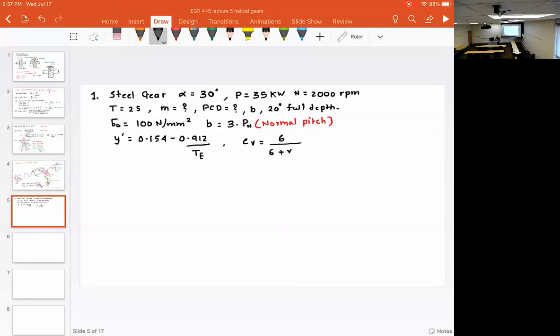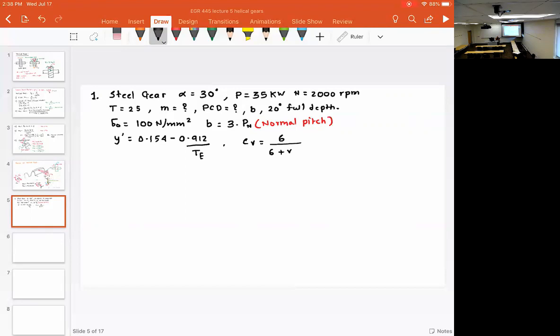Lewis's form factor correction is given to us. And to be honest with you, he's just asking for m, PCD, b. It's not a complete design problem, so he's not asking us to check for the wear load, and he's not asking us to check for the static load. But let's try to work out this problem completely.